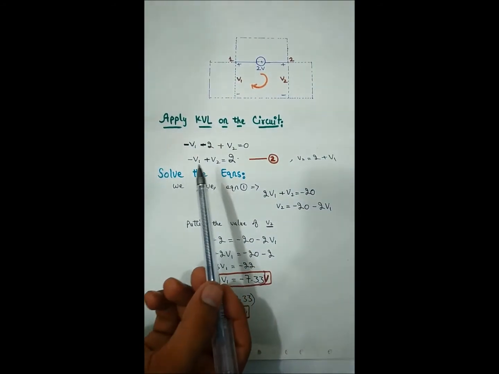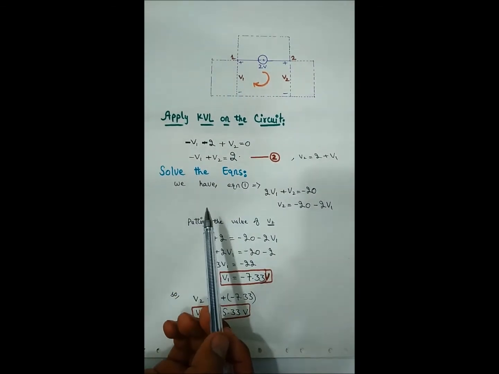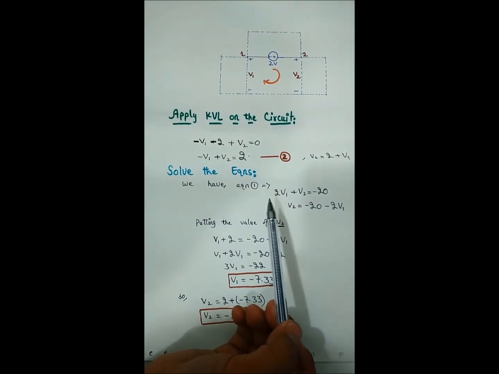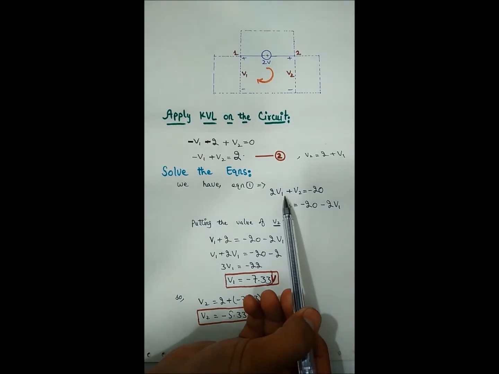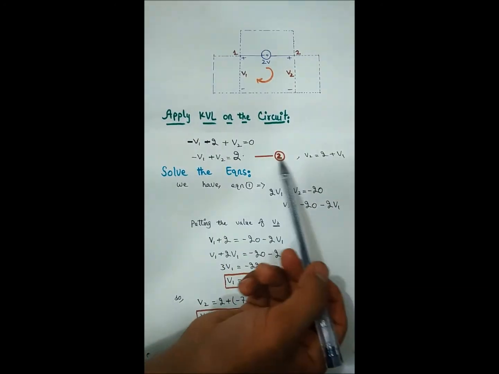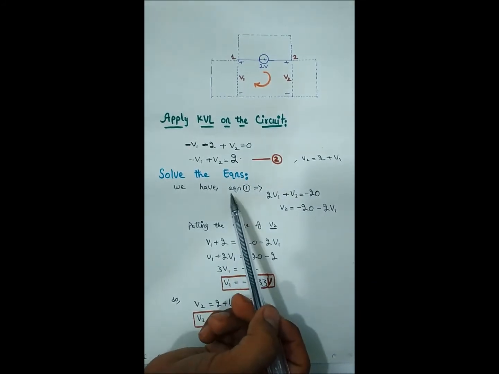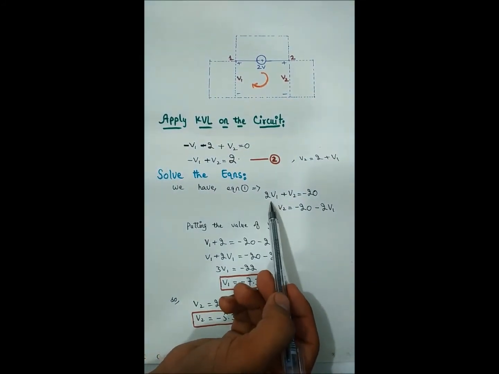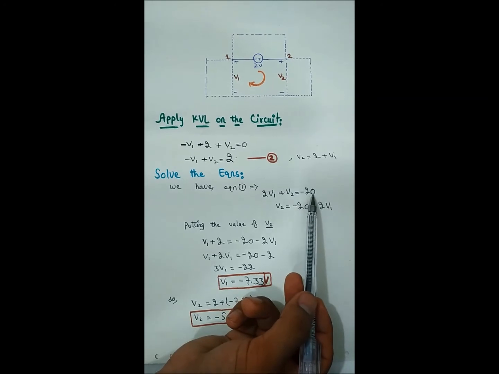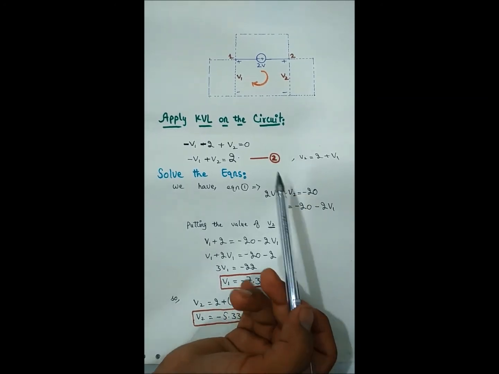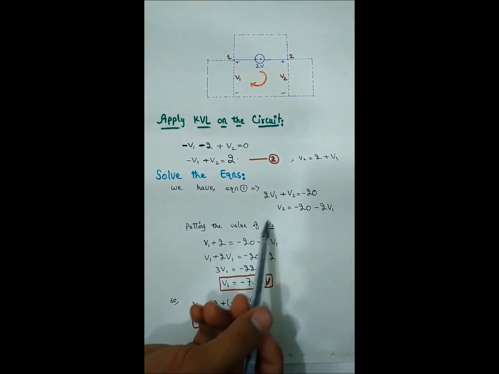Now we will solve these two equations simultaneously. By the substitution method, we can extract the value of V2 from this equation: V2 equals 2 plus V1. And we have equation 1 from step 3: 2V1 plus V2 equals minus 20. We put the value of V2 in this equation.